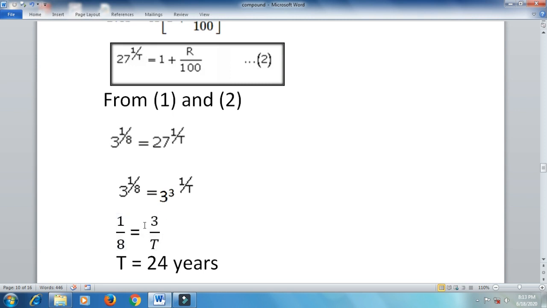After cross multiplication, t will be equal to 24 years. That means if a certain sum of money is invested for 24 years, then the amount obtained will be 27 times the amount invested.